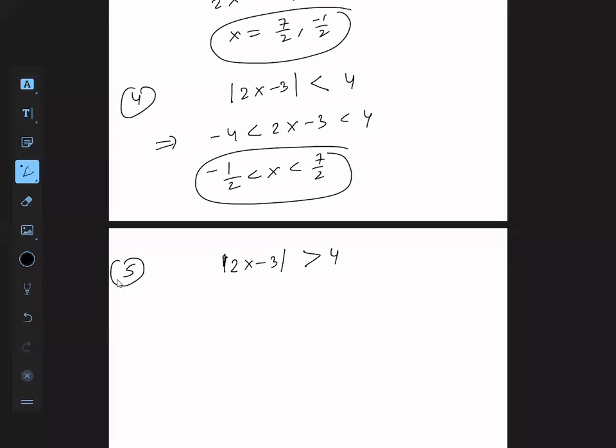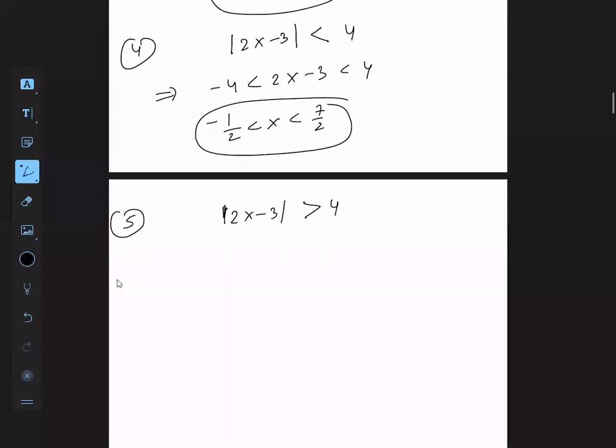if it is given modulus of 2x minus 3 greater than 4, we know that if mod x is greater than a, then x belongs to minus infinity to minus a union a to infinity.